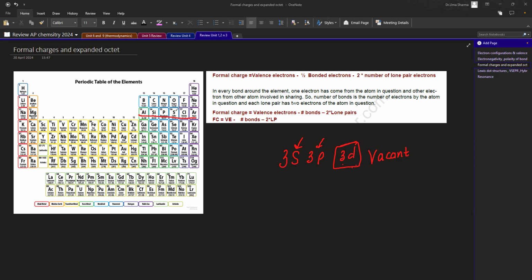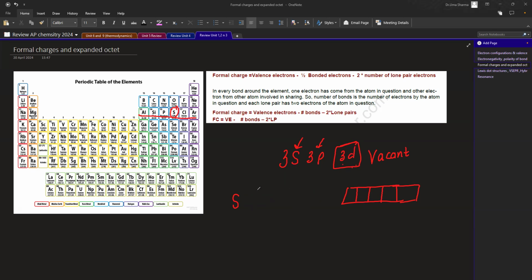Like for example, sulfur. How many valence electrons does sulfur have? 6. You know maximum how many bonds sulfur can make? 6 bonds.